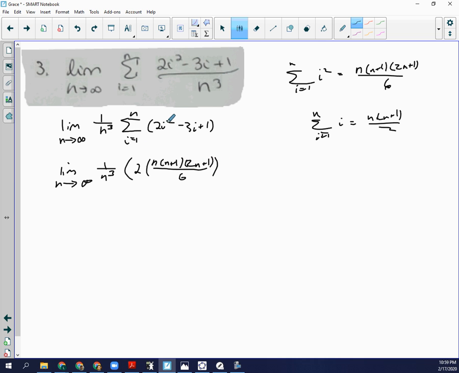That's replacing the i squared and taking away the summation because the sum of the i squared equals that.